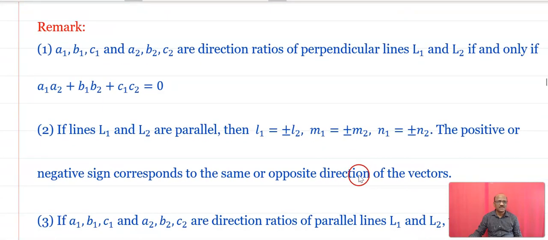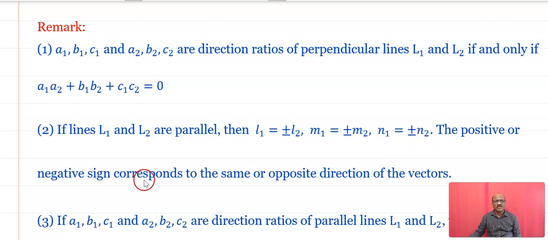Now the next remark is, A1 B1 C1 and A2 B2 C2 are the direction ratios of the perpendicular lines L1 and L2 if and only if A1 A2 plus B1 B2 plus C1 C2 is equal to 0. Second, if L1 and L2 are parallel, then what will happen? L1 is equal to plus or minus L2, M1 is equal to plus or minus M2, N1 is equal to plus or minus N2.